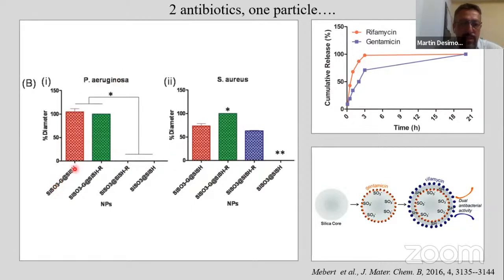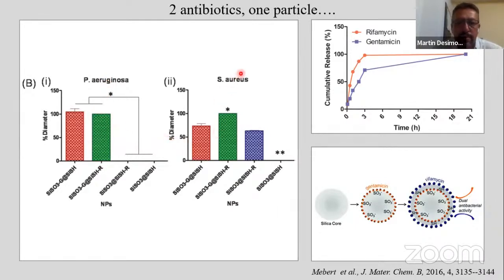The core shell particles with only gentamicin are highly active and effective against this bacteria, and the activity of the core shell with both antibiotics is similar to the particles with only gentamicin, because, as I told you, rifamycin is not effective against this bacteria.